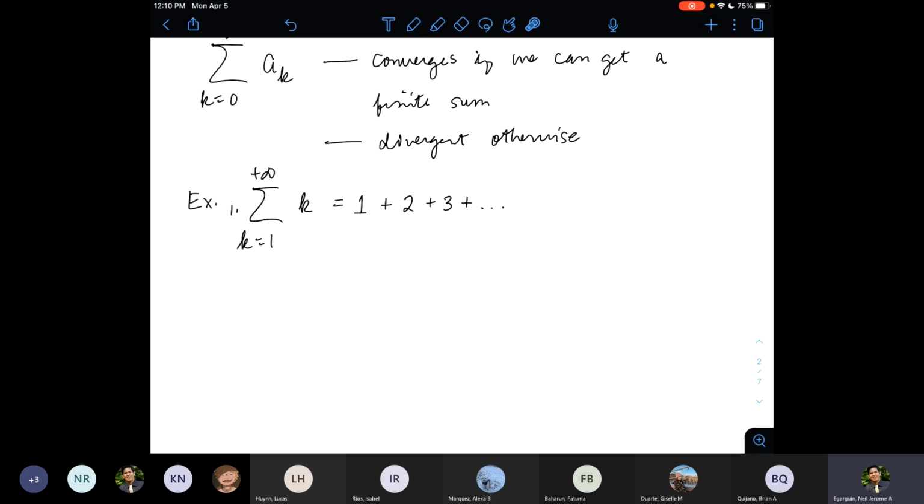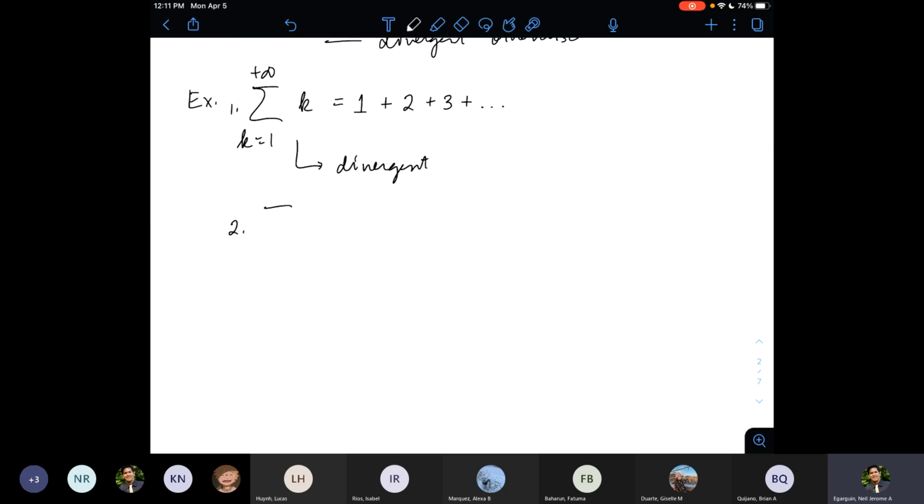If you carry out the addition, we will not get a finite sum, right? It's impossible because the next number that we are adding to the sum is larger than the previous ones. And this sum will continue to grow until infinity. So there's no chance that we can get a finite sum here. So this is an example of a divergent series because we cannot get a finite sum at all, right?